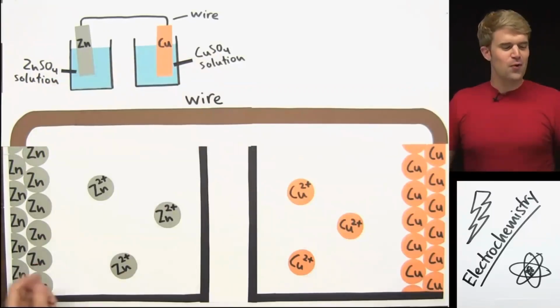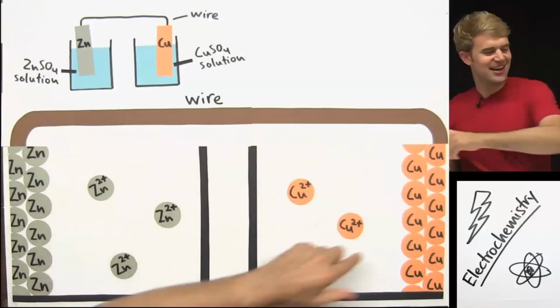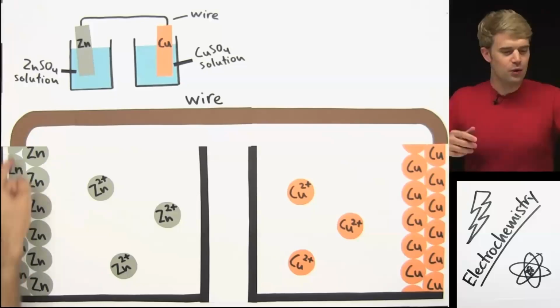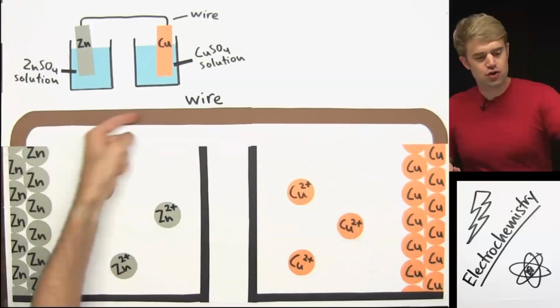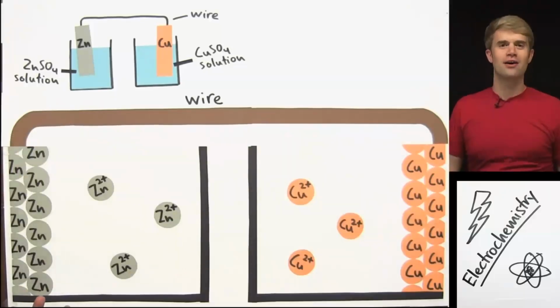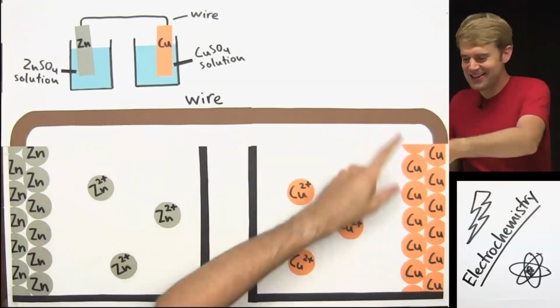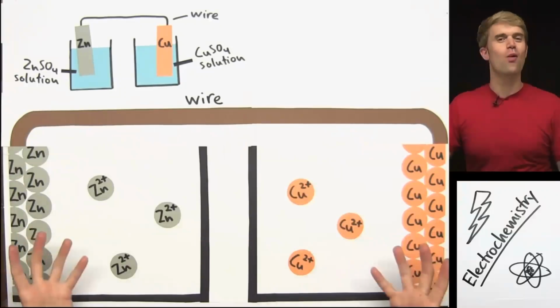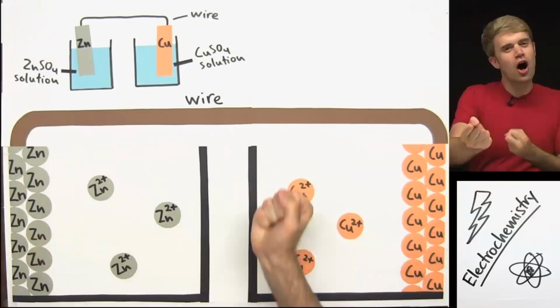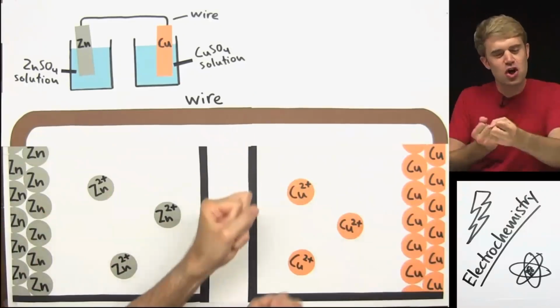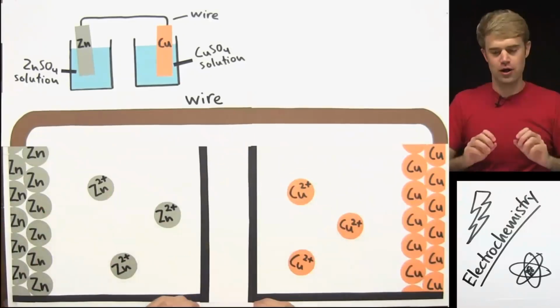So we've got a wire that connects the zinc and the copper. And we've said that when we hook everything together, electrons start flowing through this wire. Well, why is that? Well, when we connect these two pieces of metal with wire, it kind of starts a tug of war between the zinc and the copper. They're having a tug of war for the electrons.